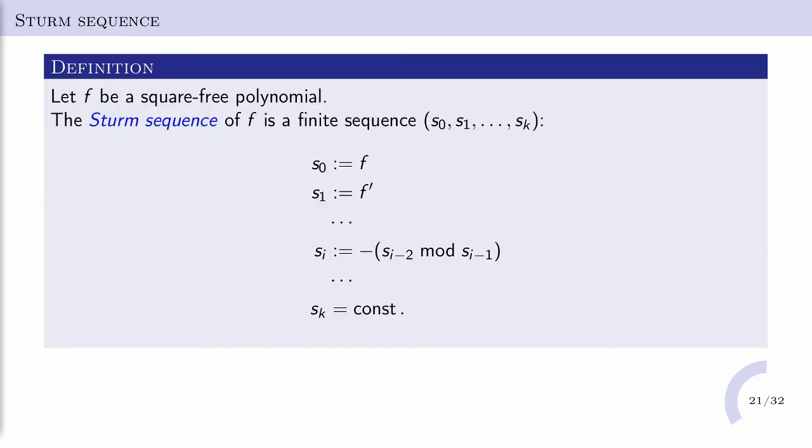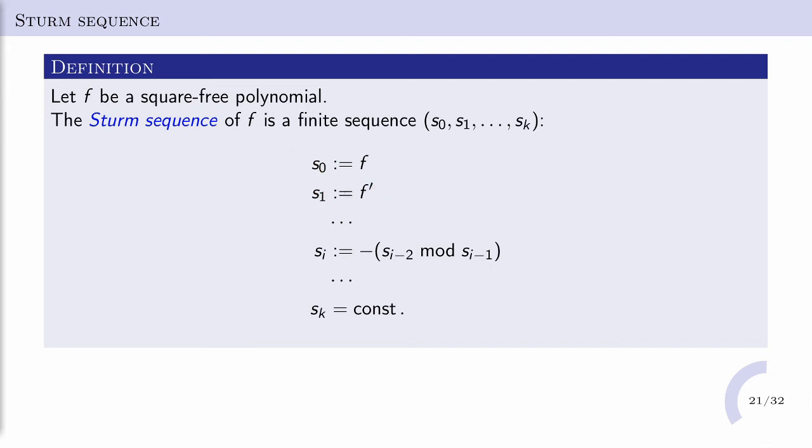In order to introduce Sturm's theorem, I need to introduce the Sturm sequence first. The Sturm sequence is a finite recursive sequence of polynomials constructed in the following way. The first one, S0, is just our original polynomial f. Then S1 is the derivative of f. So these are just the first two terms of the sequence.